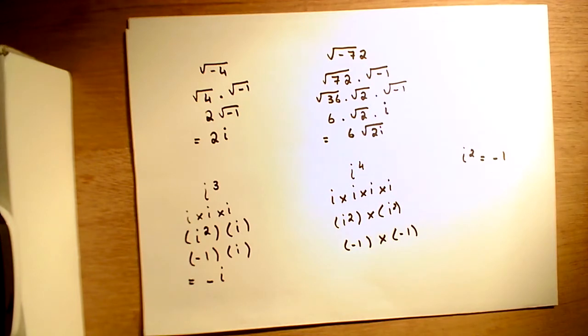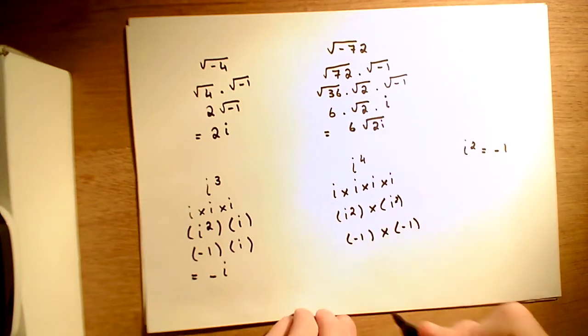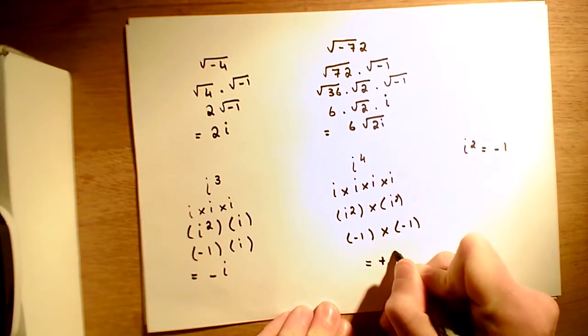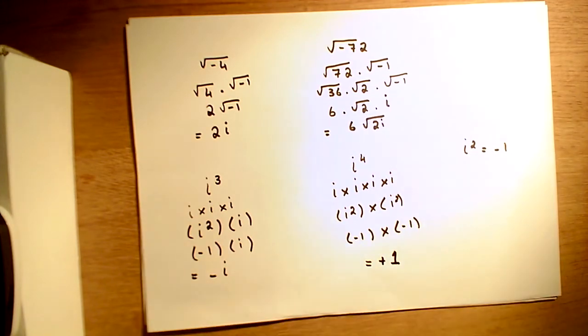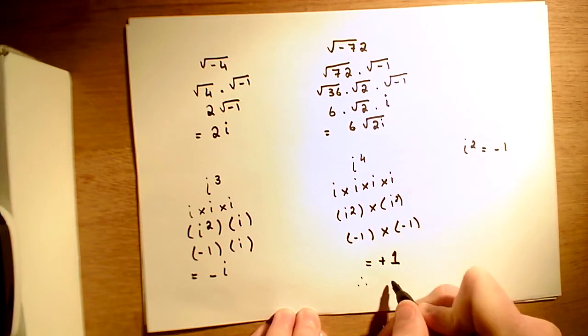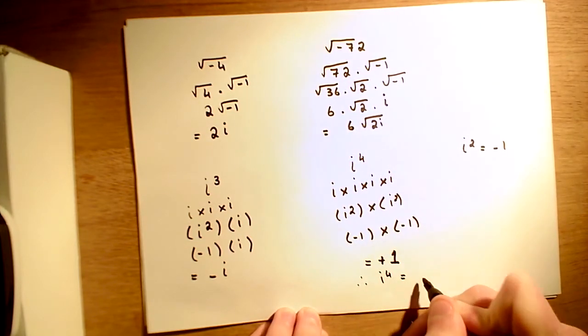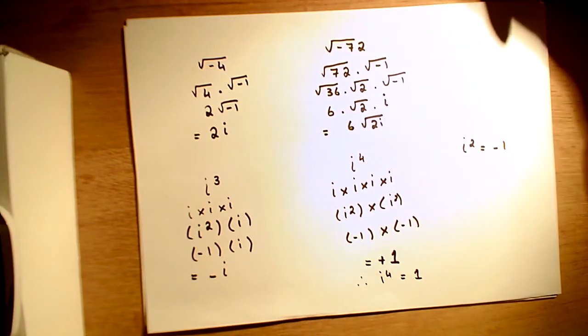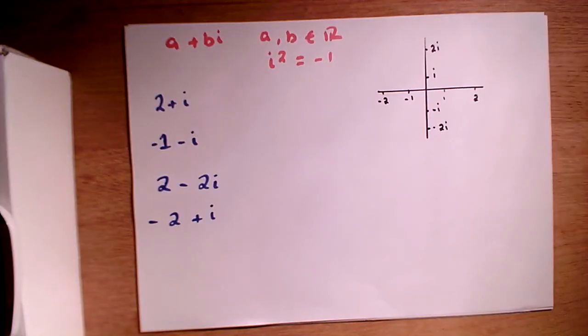We just subbed in minus 1 where we had our i squared. And what this will leave us with is minus 1 times minus 1 gives us plus 1. That is our solution there. So therefore, i to the power of 4 is equal to positive 1. And over here, obviously, we would have i to the power of 3 is equal to negative i.